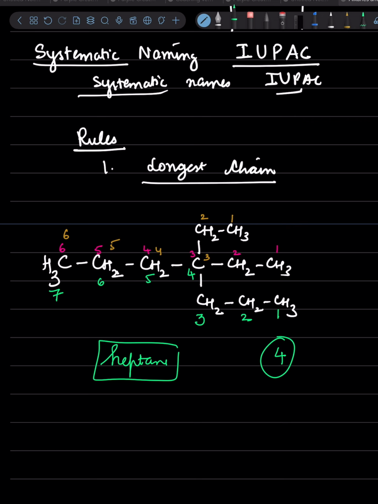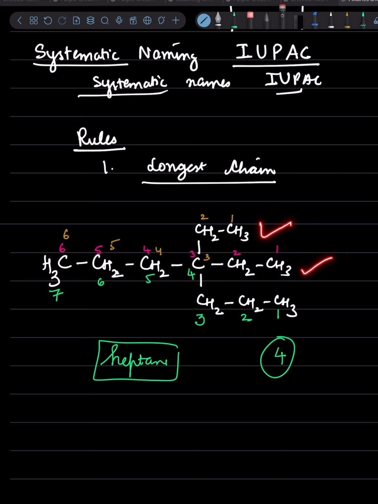And what is their identity? They have 2 carbons. When you have 2 carbons, you use the prefix eth, and for substituents we don't say ethane, we use the word ethyl.